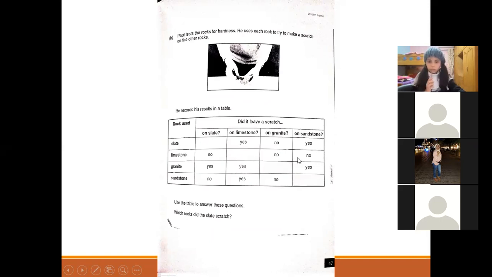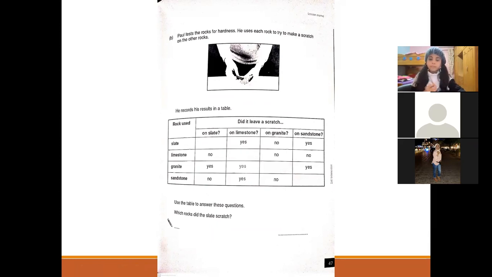No. When he tried to scratch the sandstone with the limestone, did it leave a scratch? No. So this means that the limestone is what? Weak. The weakest or the softest rock, because it wasn't able to scratch any of the other rocks. Yes. All right.